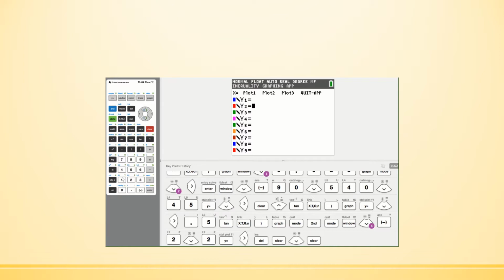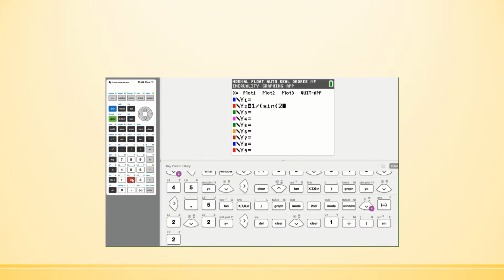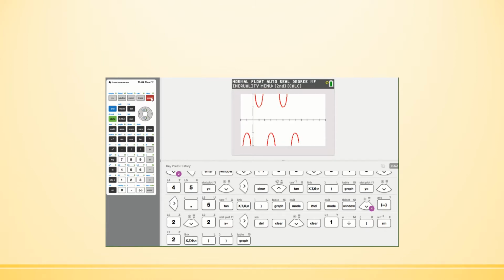So let's go 1 divided by, and I like to put these in parentheses, the sine of 2x, close parentheses, close parentheses. Well, I did that in y2, but that'll be okay. Let's see what our graph looks like. It should show up in red. All right, well, there it is.